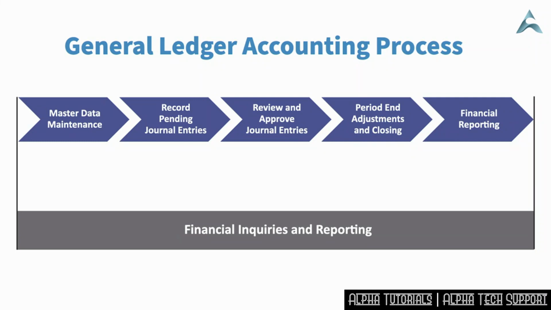With all necessary general ledger accounts in good order, the next step in the process is to record pending journal entries. These pending entries can be for things like expenses, invoices, or intercompany transactions. Next, journal entries are reviewed and approved.